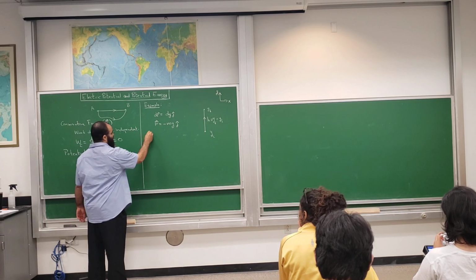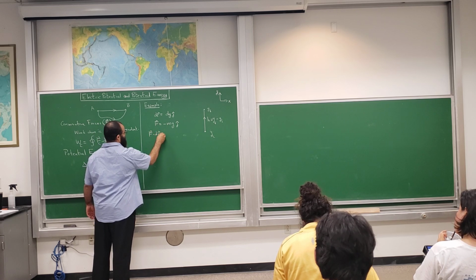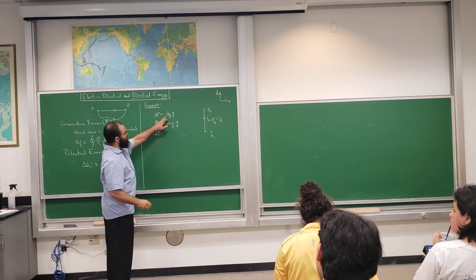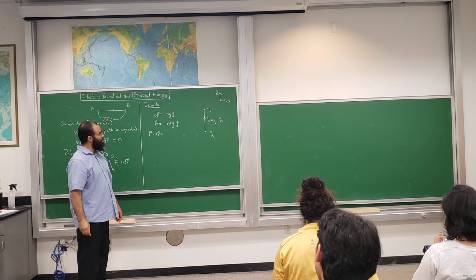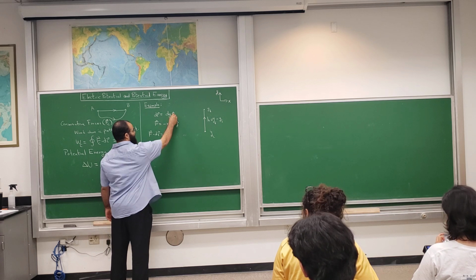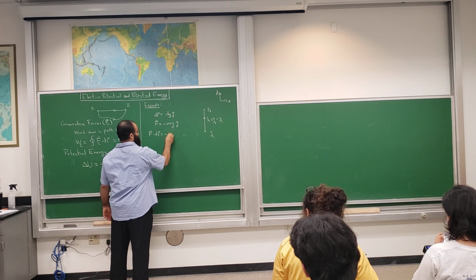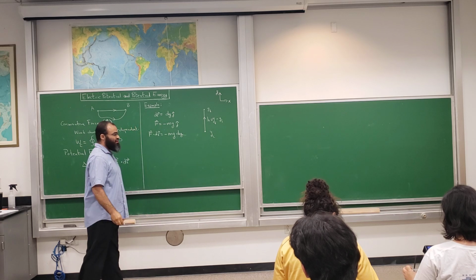So F dot dr, what's the dot product of these? j hat dot j hat is 1. So it would be negative mg dy.